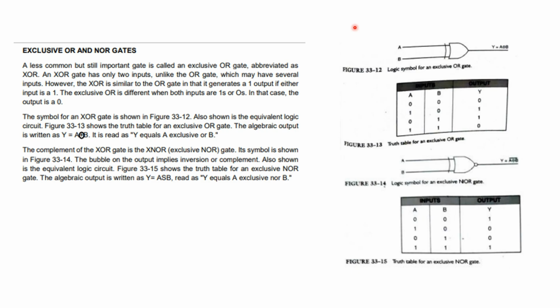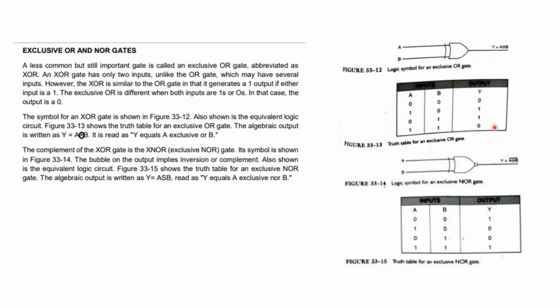Now we also have the exclusive OR. So if the inputs are both 0, then the output is 0. If the inputs are both 1, then the output is 0.